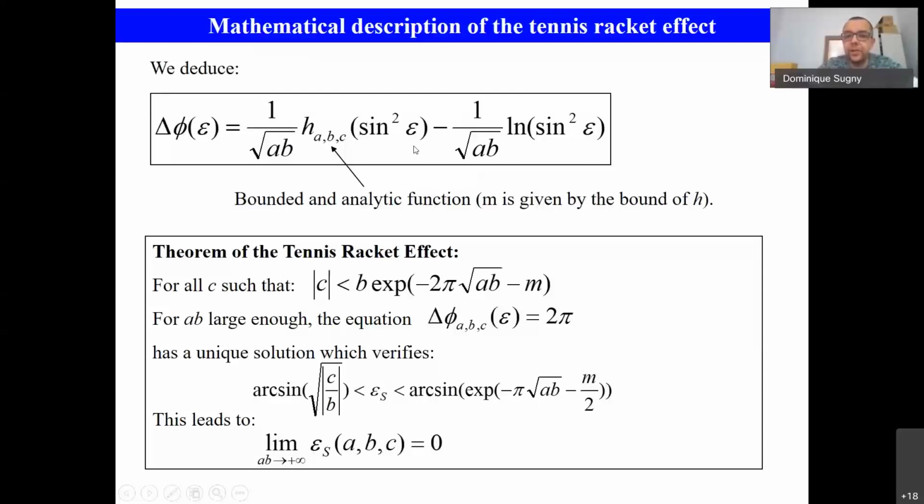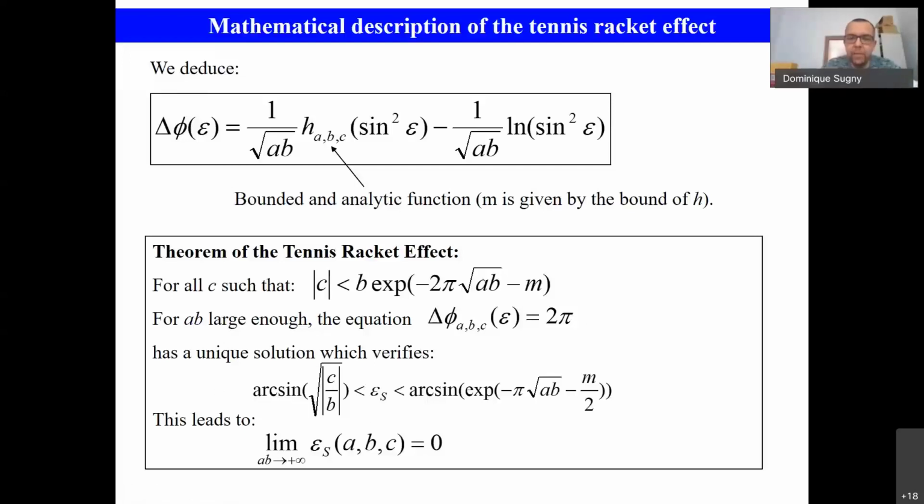Epsilon is just a parameter which describes the defect to a perfect tennis racket effect. Epsilon is equal to 0 if the twist is equal to pi. And we also have a logarithmic divergence of delta phi. So we have a mathematical theorem describing the tennis racket effect.